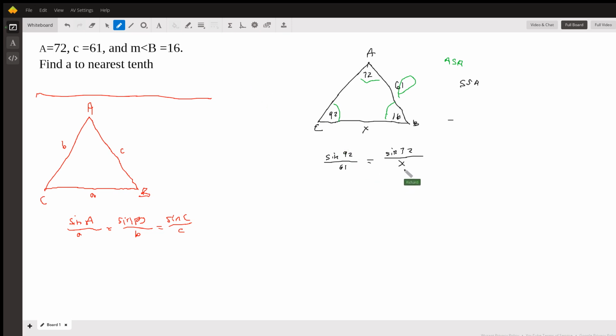So let's just go ahead and solve for x. So x times the sine of 92 is equal to 61 times the sine of 72. And now divide by the sine of 92. We're going to get x equals 61 times the sine of 72 over the sine of 92. And when I do that out on my calculator, I'm getting 58.04.